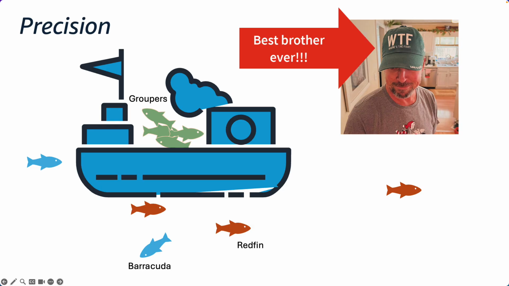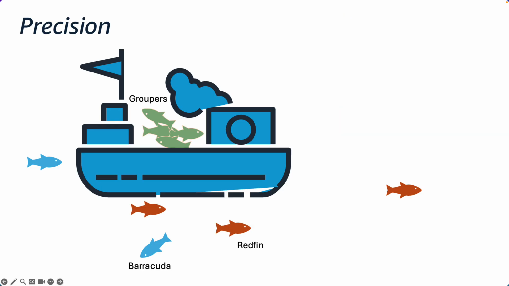And I think of precision as a dive with my brother where he is looking for a specific type of fish, which was usually a grouper. So with precision, my brother is looking to capture all the groupers he spots. So groupers are the positive value, and they are the green with sort of the pink outline fish that you see that he has already caught in the boat.